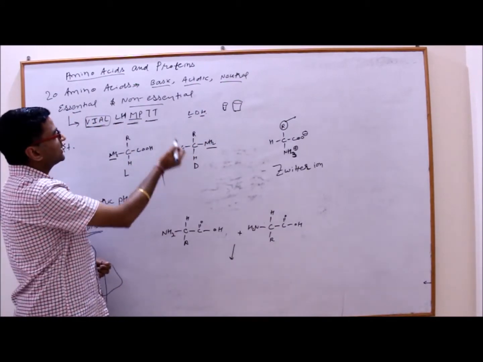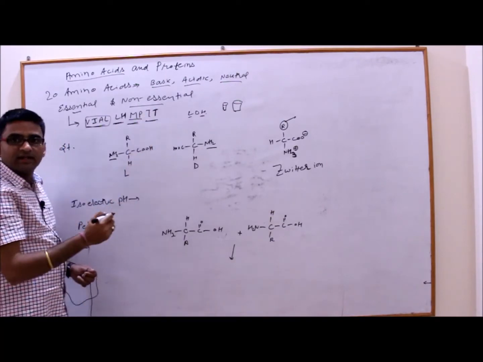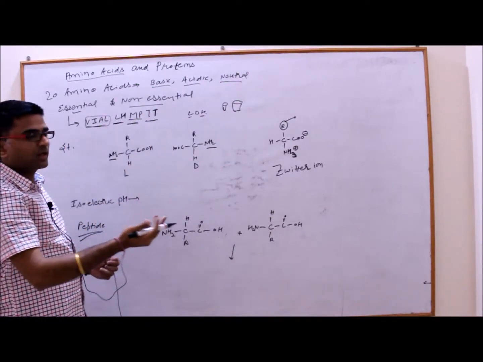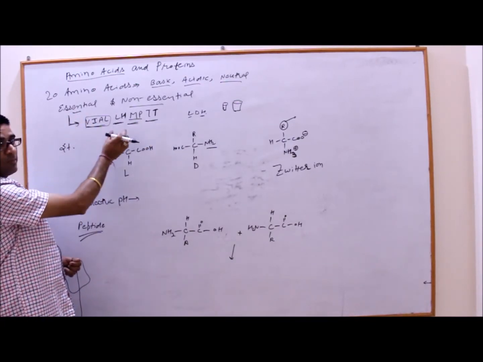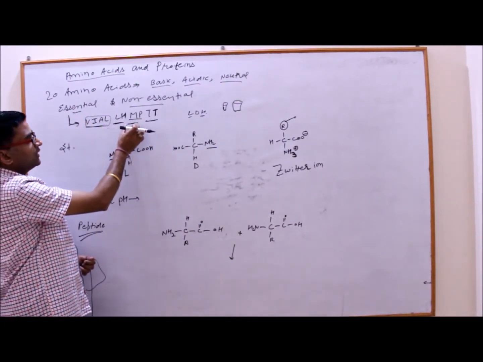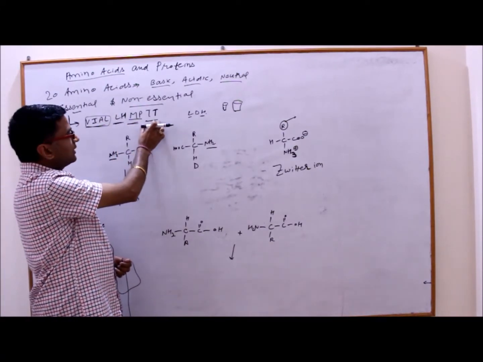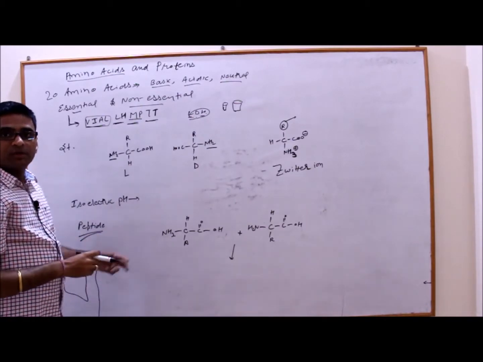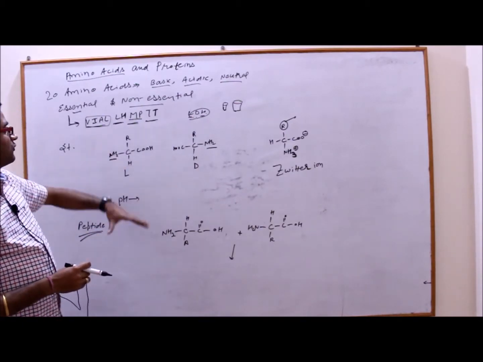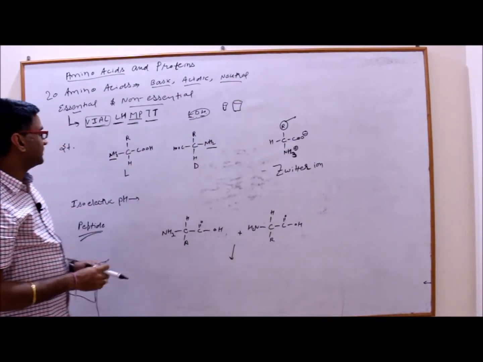MP as Madhya Pradesh, TT as Telangana, Tamil Nadu, Tripura, whatever you want to say. So these essential amino acids can be remembered from this formula: vial, Ludhiana, Madhya Pradesh, Tripura, Telangana or Tamil Nadu. Okay, so in competition this question can be asked: out of the following, which one is the essential amino acid.